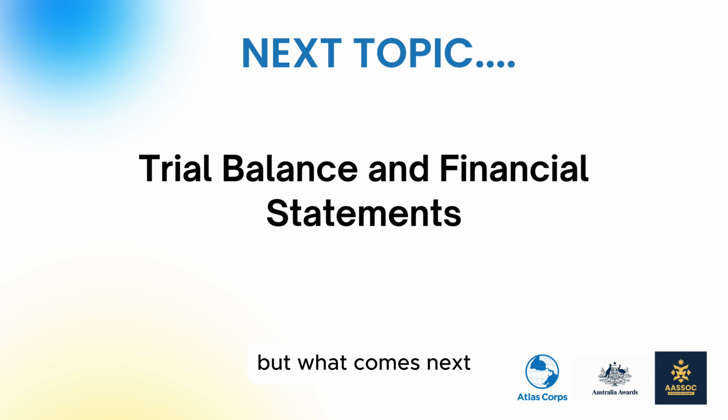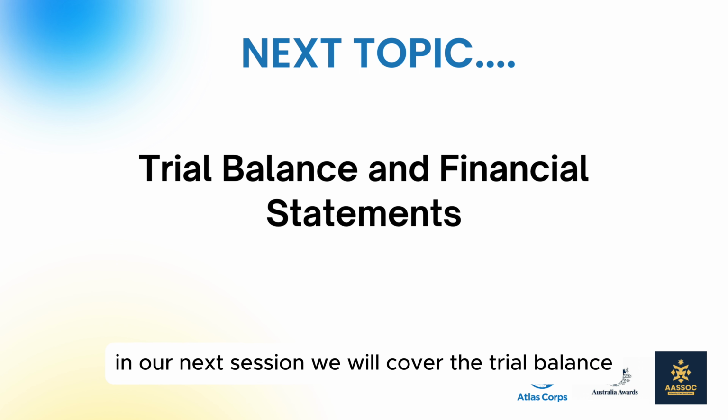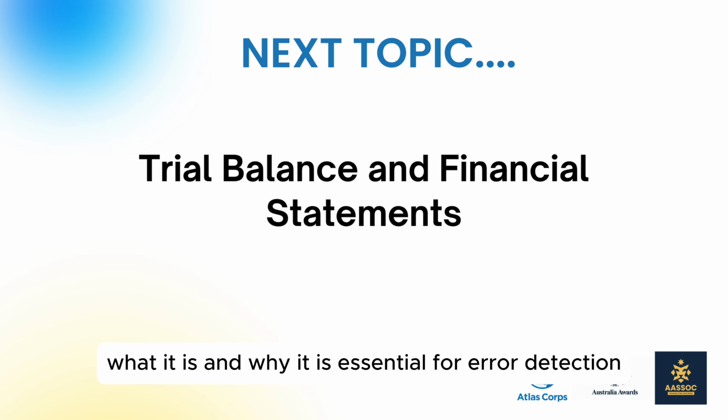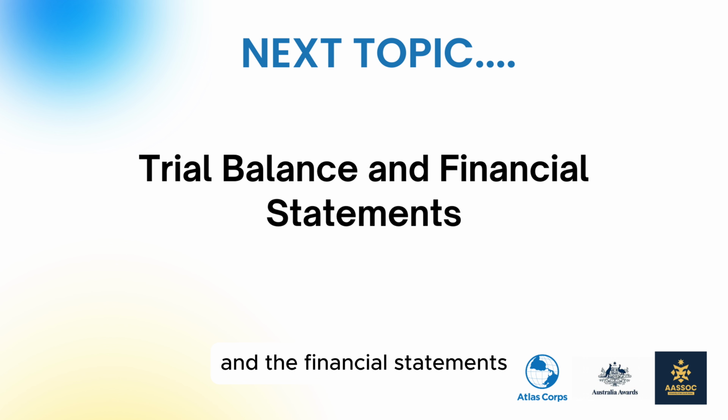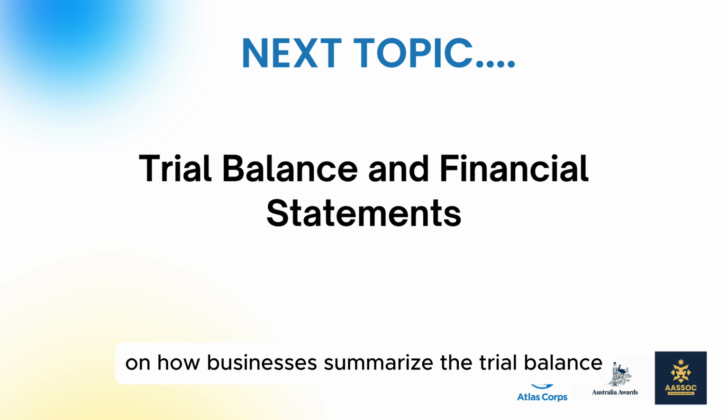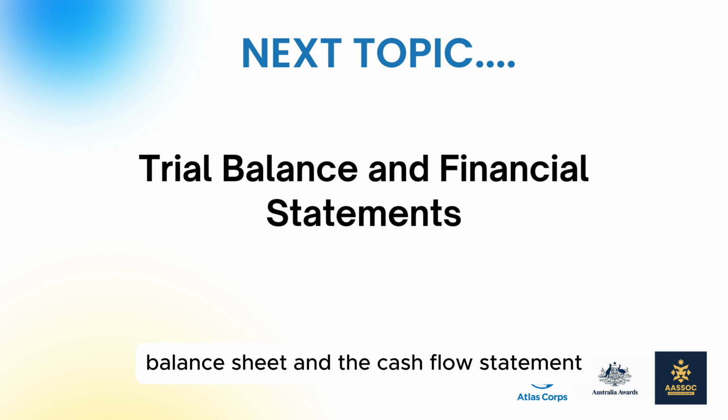But what comes next? The next step in the accounting cycle is to prepare the trial balance and finally our financial statements. In our next session, we will cover the trial balance, what it is, and why it is essential for error detection, and the financial statements, on how businesses summarize the trial balance using the income statement, balance sheet, and the cash flow statement.